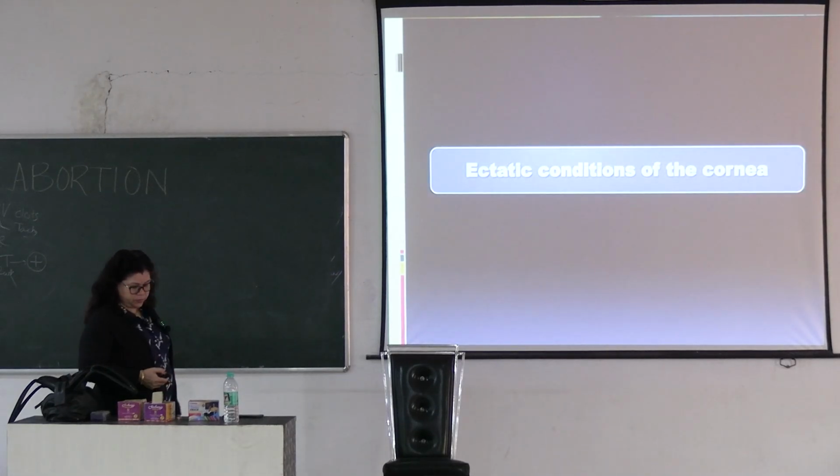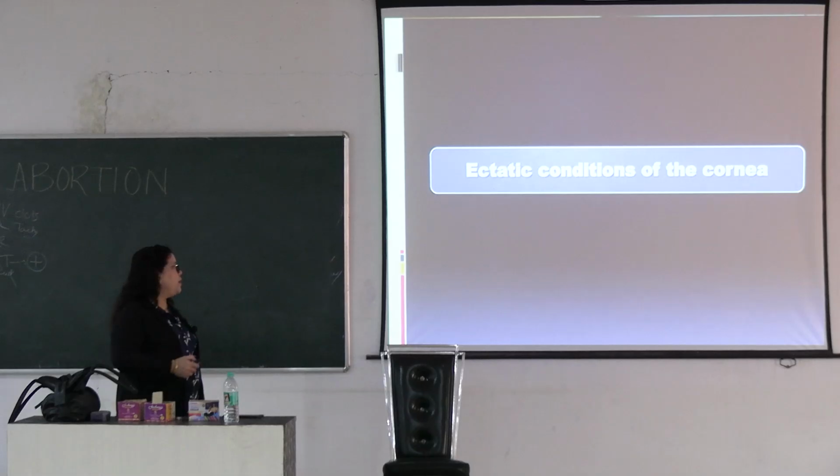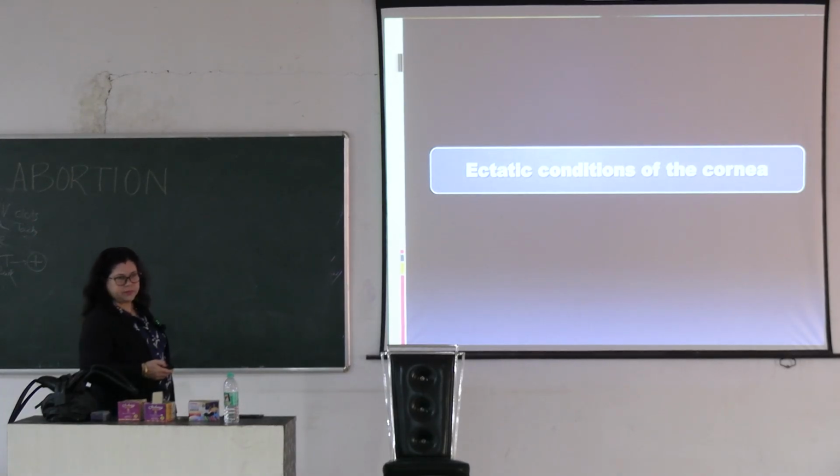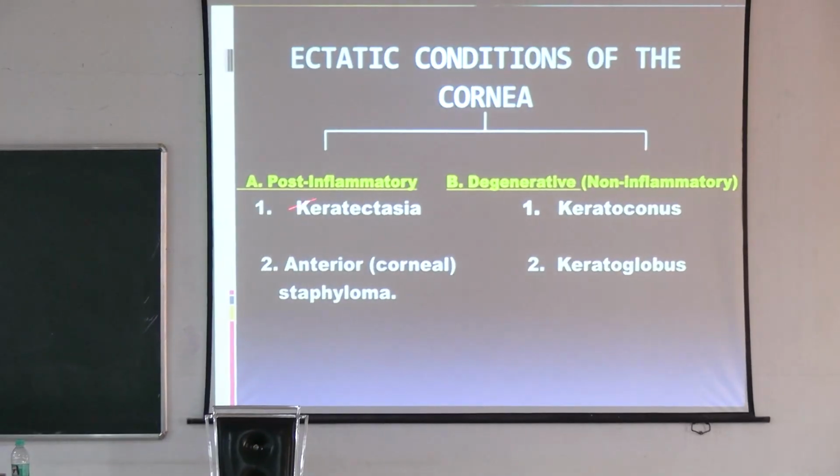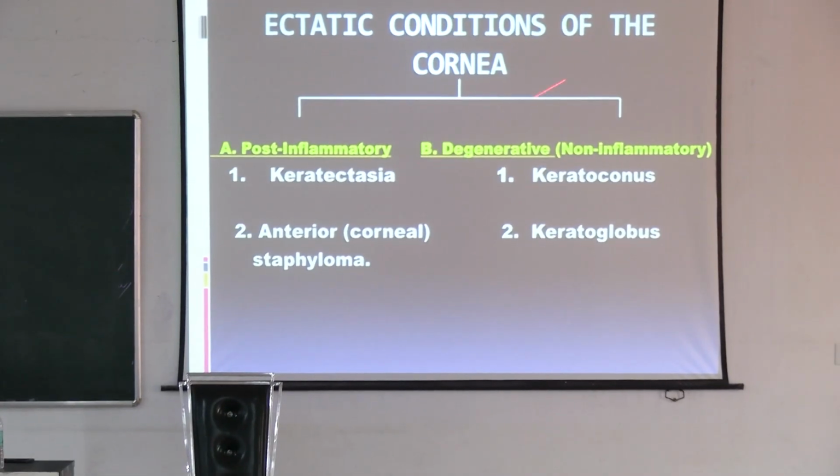Then we come to the ectatic conditions of the cornea. What is an ectatic condition? When there is any abnormality in the shape and position of the cornea, that is called an ectatic condition. It may be of two types: keratectasia and keratoconus. The degenerative process is non-inflammatory, while keratectasia is an inflammatory process.